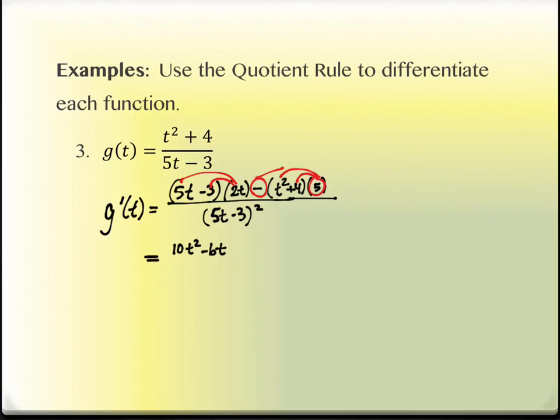So if I distribute a negative 5 through the t squared plus 4, what will I get? Negative 5t squared minus 4. Yep. And it's over that same denominator squared. All right, simplification in the numerator, what do you see? 5t squared, which is going to cancel. Yep, these two pieces condense. And then what else do I see?